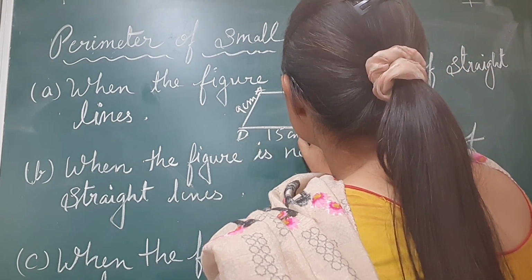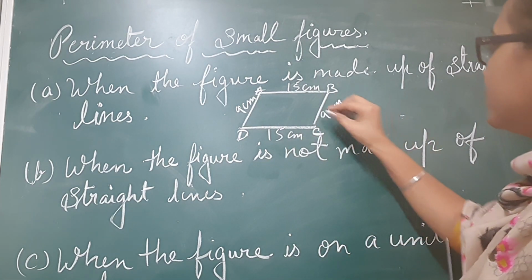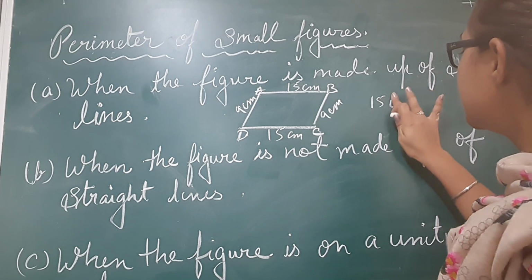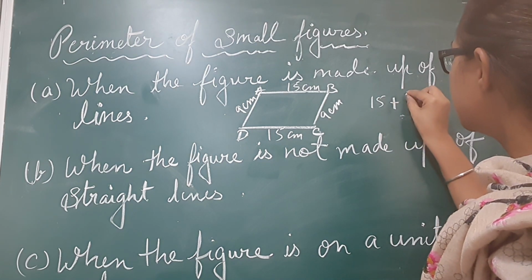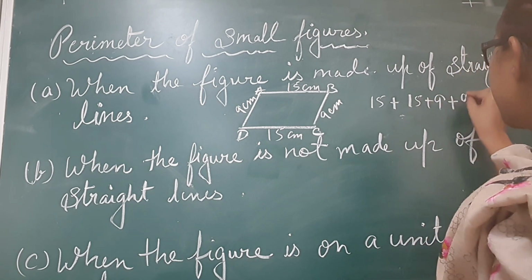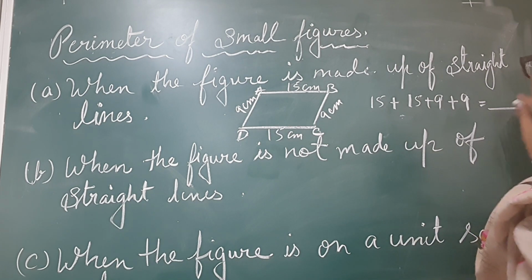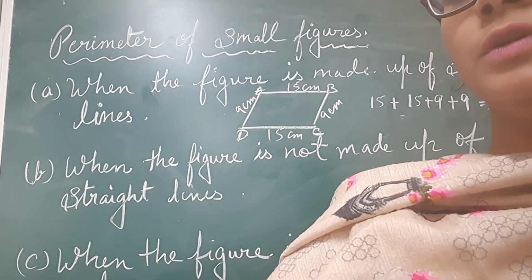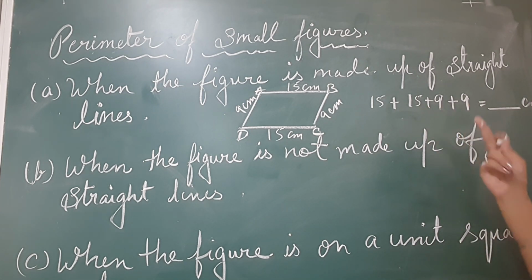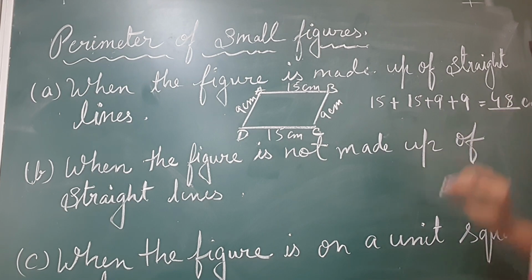After knowing all the sides, you add them to know the total length. 15 centimeter plus 15 plus 9 plus 9. By adding up, 15 plus 15 is 30, then 9 plus 9 is 18, so it will be 48 centimeter.